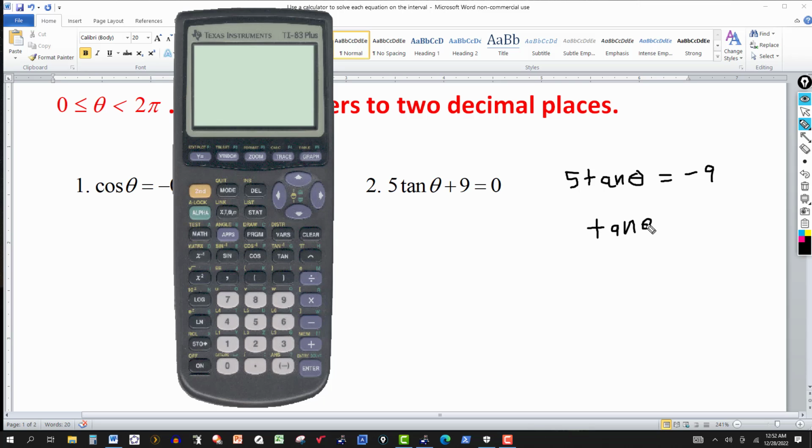I get tangent theta is equal to negative 9 fifths after dividing by 5. We're taking tangent inverse of both sides. Tangent inverse of tangent theta gives me theta, and then tangent inverse of negative 9 fifths.